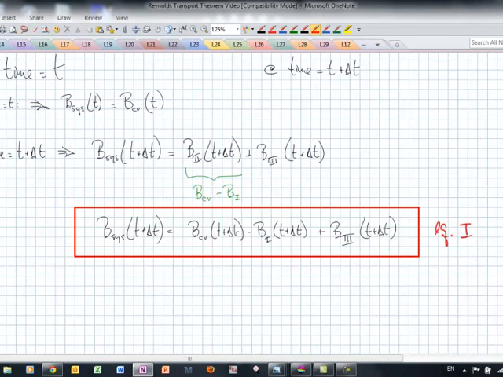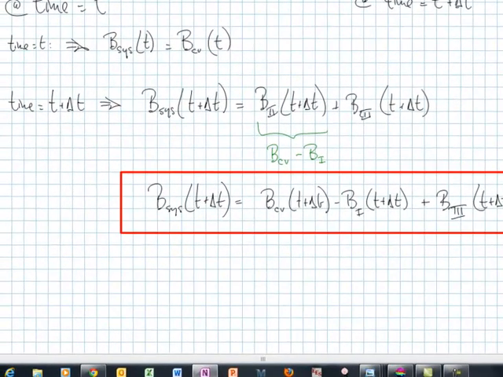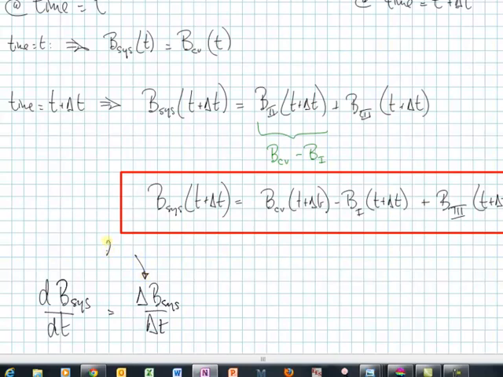All right, here's our equation 1. Okay? So if we want to look at the change in the system property over time, what we've got is dB sys over dt is equal to the limit as delta t approaches 0 of the change in B sys over delta t, which is equal to, since we now know what B sys at t plus delta t is, this whole equation 1 minus B sys from before, divided by delta t.